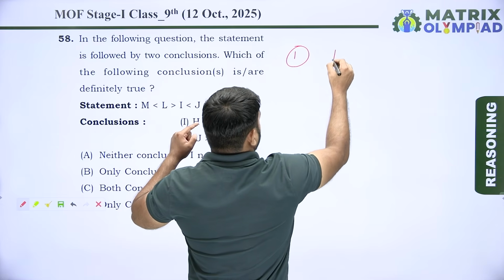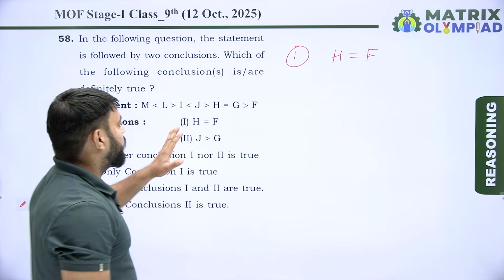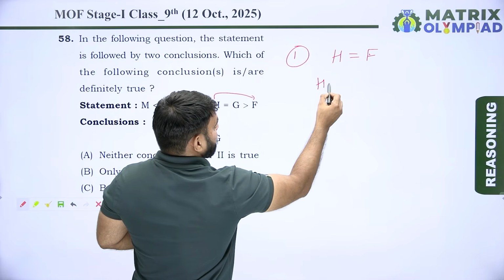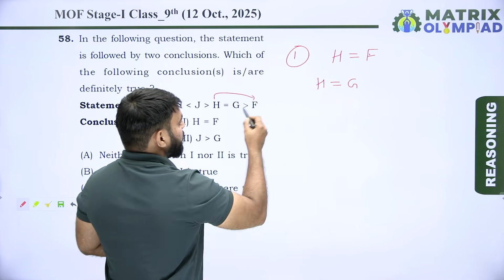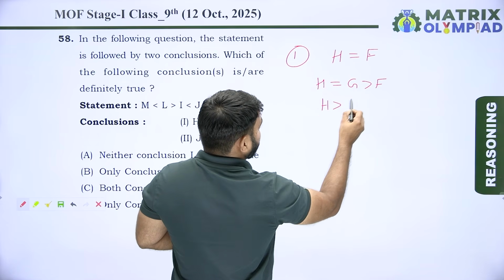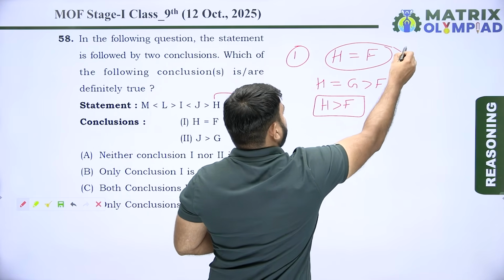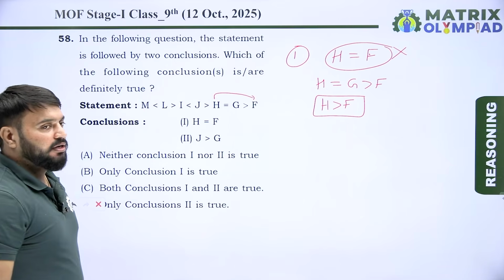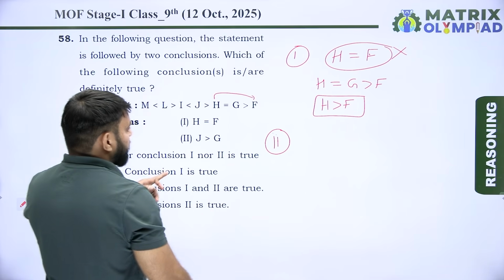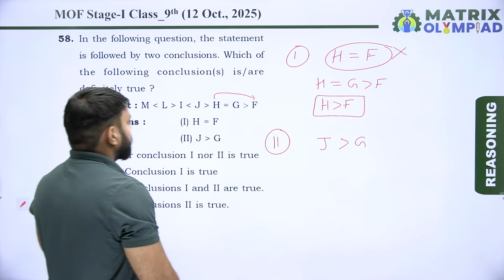Conclusion first is H equals F. According to the statement, H equals G and G is greater than F, so H is greater than F. So here conclusion first is not definitely true. Now check conclusion number second: J is greater than G.